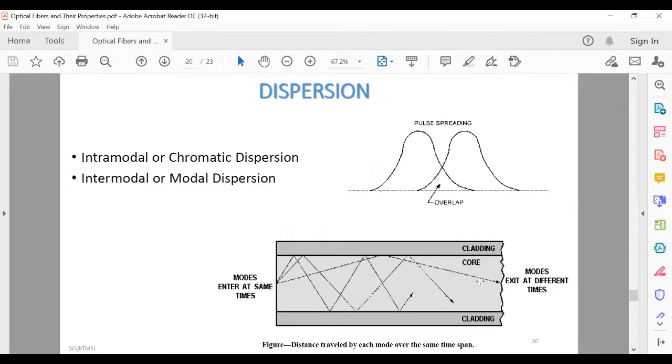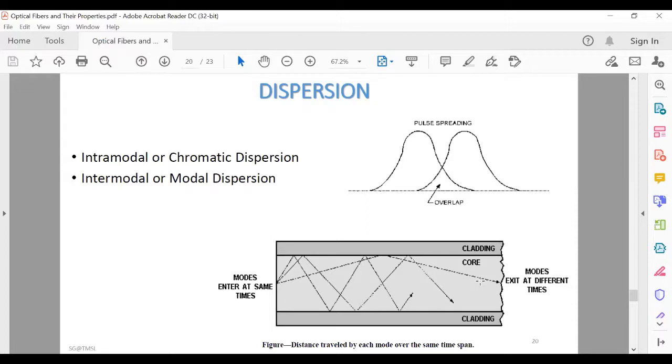As the length of the fiber increases, modal dispersion also increases, and it is the dominant source of dispersion in multi-mode fibers. It does not exist in single mode fibers. Single mode fibers propagate only the fundamental mode. Therefore, single mode fibers exhibit the lowest amount of total dispersion.